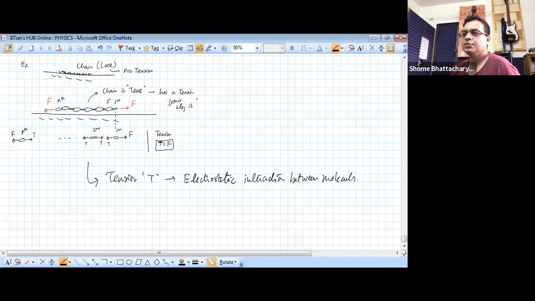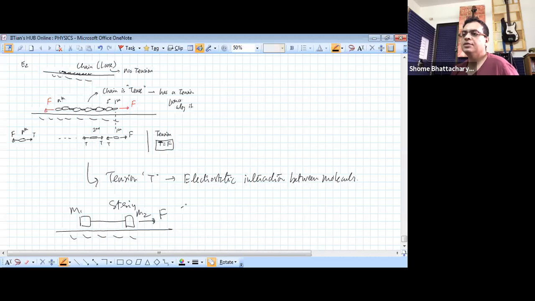But just the last point over here. Instead of the chain, if you have a string or a rope, you'll see the same situation. Suppose you have a string, but now you're pulling this system with some force. The moment you're pulling it, the rope or the string in this case has a tendency to get pulled.